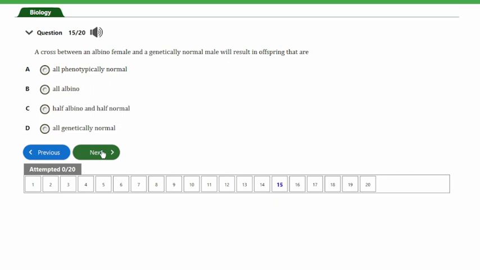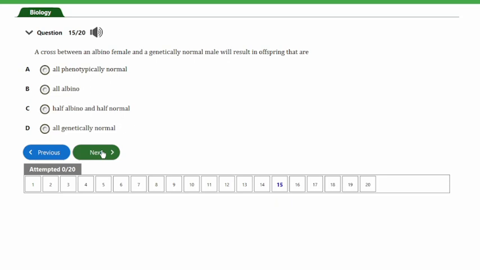It says, a cross between an albino female and a genetically normal male will result in offspring that are A, all phenotypically normal, B, all albino, C, half albino, half normal, and D, all genetically normal.